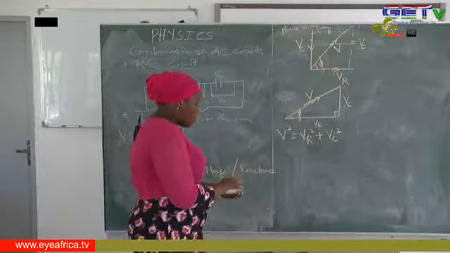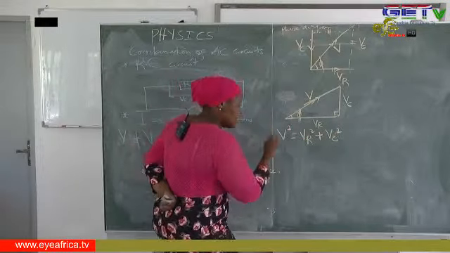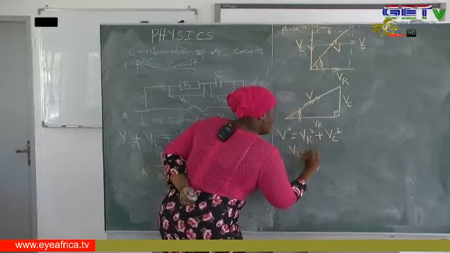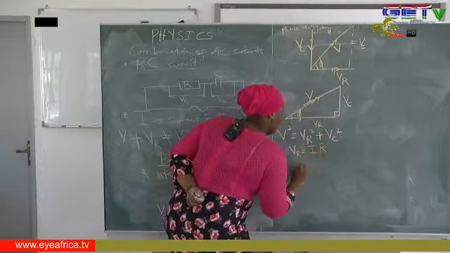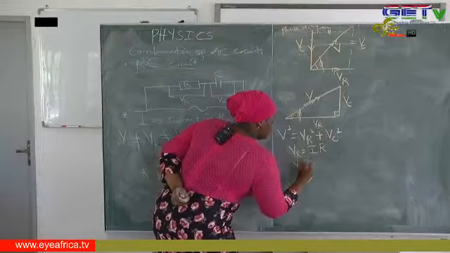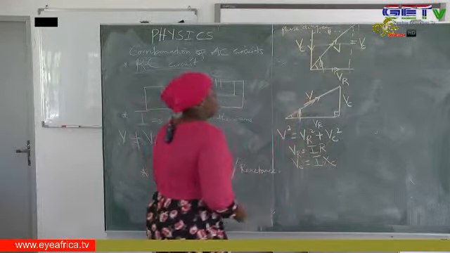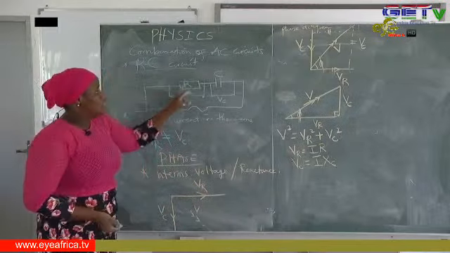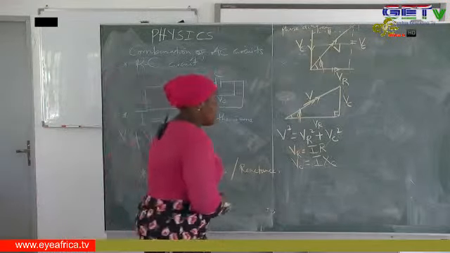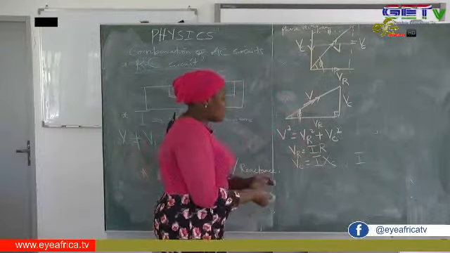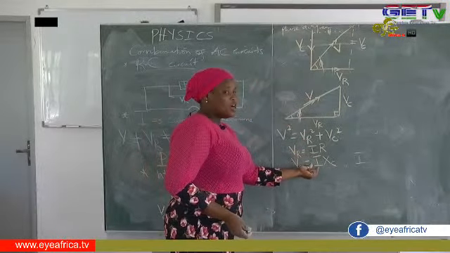But again, if you recall from last class, we were told that VR is equivalent to I times R, and VC is equivalent to I times XC. But the components are also arranged in a series, and that means I is just common. That is why I didn't give the current any subscript. Is that understood?